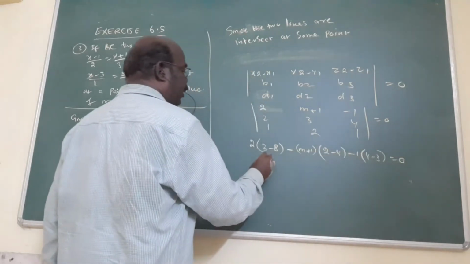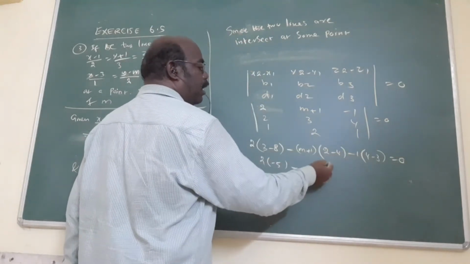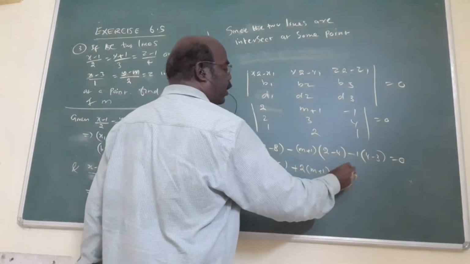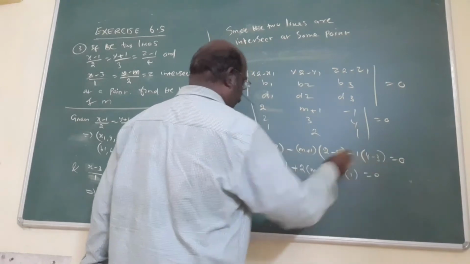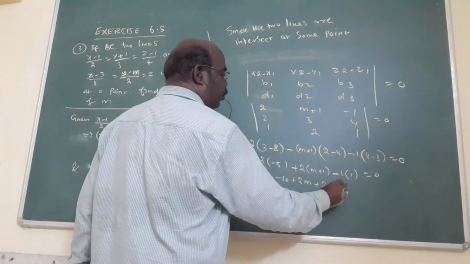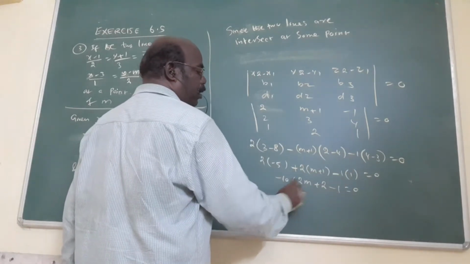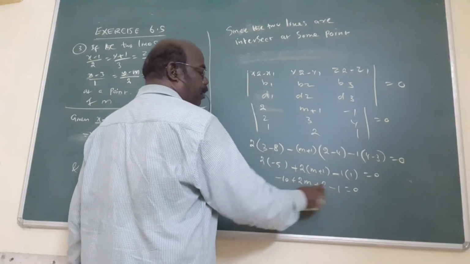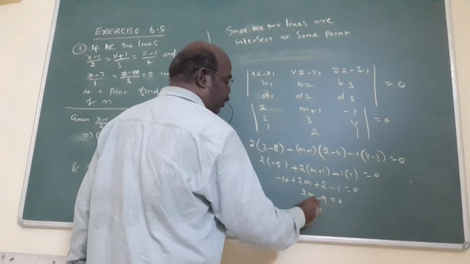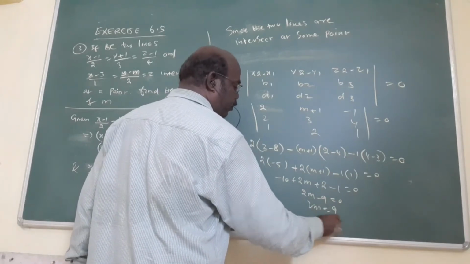Am I right? 2 into minus 5, here minus into minus plus 2 into m plus 1, here minus 1 into 1. Here minus 10, 2m plus 2, minus 1. Now add all the values: minus 1, minus 10, minus 11, minus 9. 2m minus 9 equals 0. 2m equals 9, m equals 9 by 2.